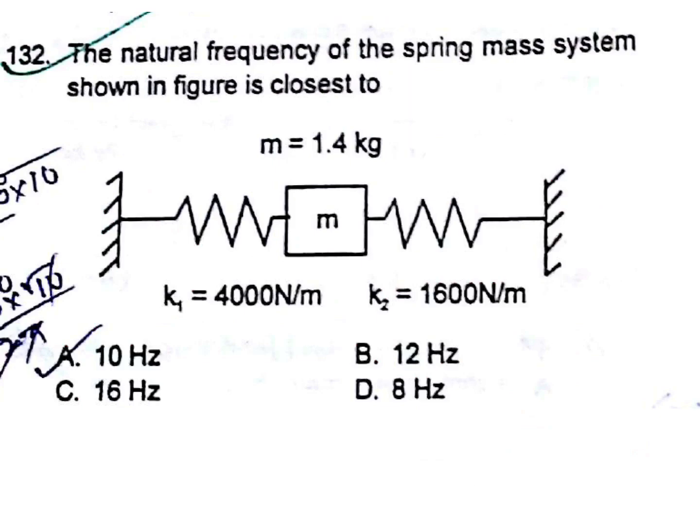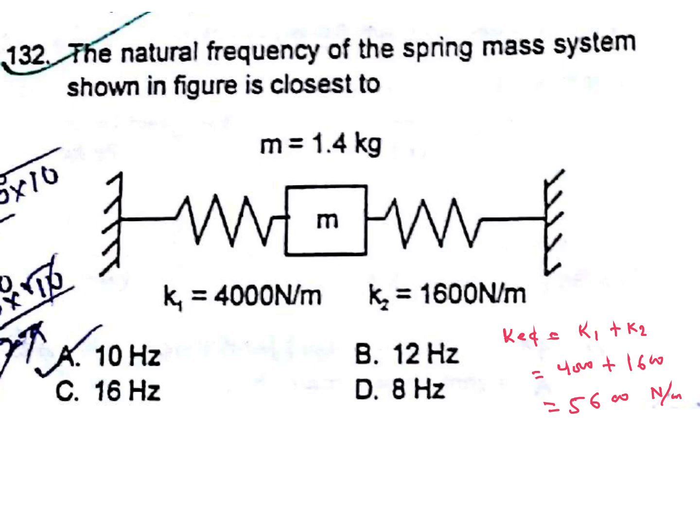The natural frequency of the spring mass system shown in the figure is closest to? Here this is a parallel connection, so the equivalent stiffness equals K1 plus K2. K1 is 4000 plus 1600, you will get 5600 Newton per meter.